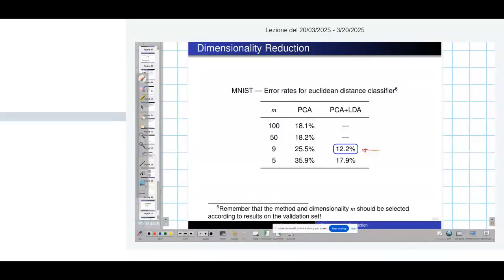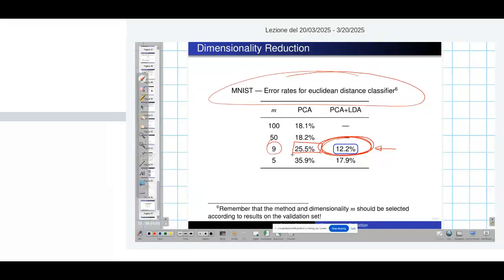We can see that what we obtain here is a much better result. Now, to be fair, we should also say that this is not a fair comparison with PCA, but I will not explain why. Maybe we will say a word when we see this model again in 2 weeks with a different explanation. But in any case, here I followed a different approach. I used LDA as a preprocessing step followed by the Euclidean classifier, and with 9 directions I got an error that is half that of PCA.